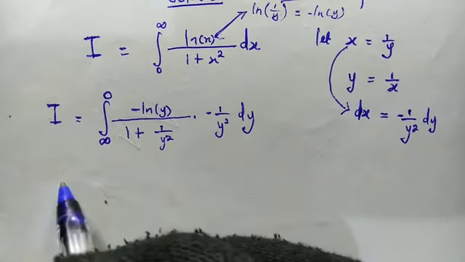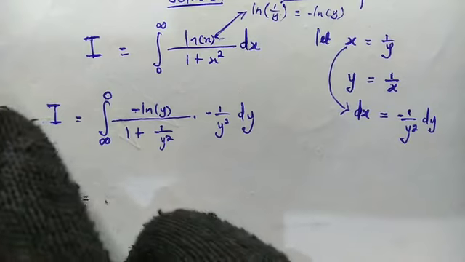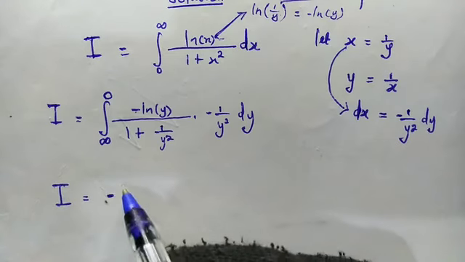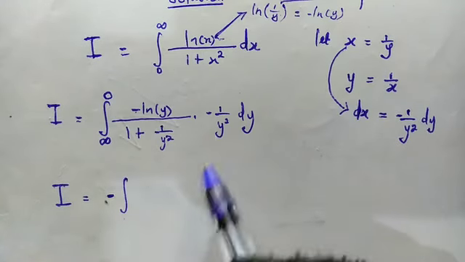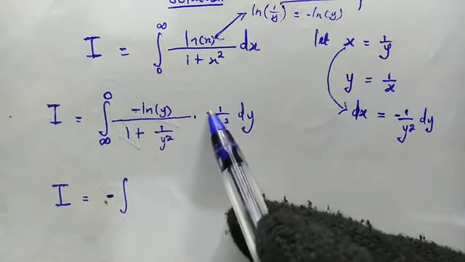Okay, so from here, I is equal to this negative sign. We're going to write it out. So here we have negative integral, now we're going to switch the limits, and this negative sign will cancel out.